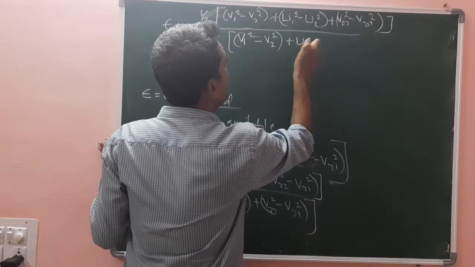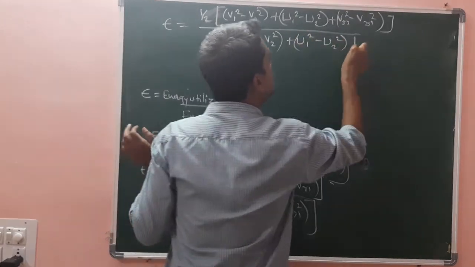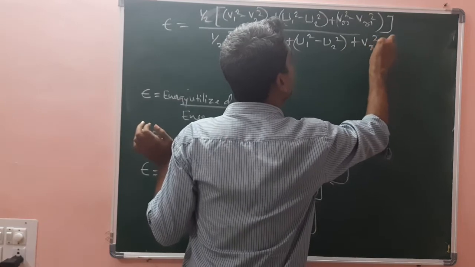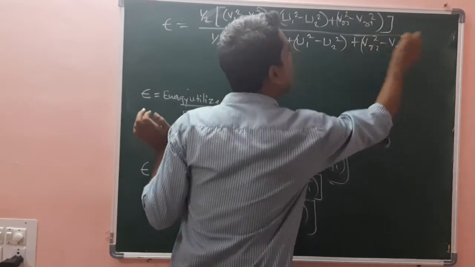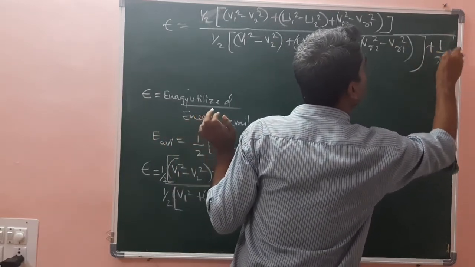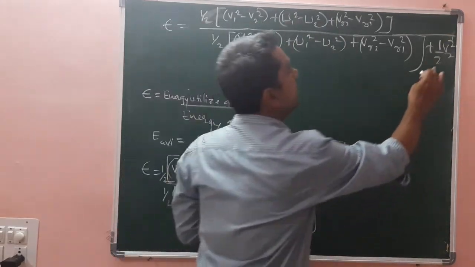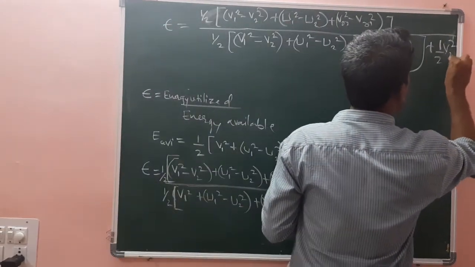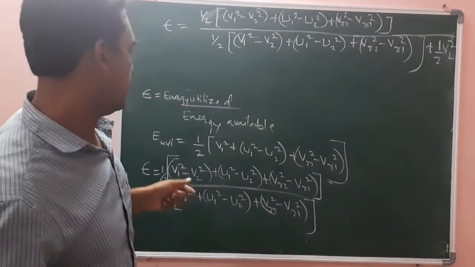Plus u1 square minus u2 square plus phi r2 square minus phi r1 square. As I have subtracted 1 by 2 phi2 square, I will add 1 by 2 phi2 square here. This is nothing but the energy transfer from the Euler turbine equation.